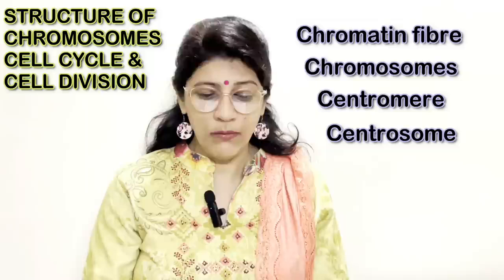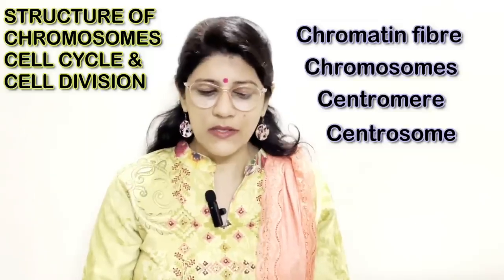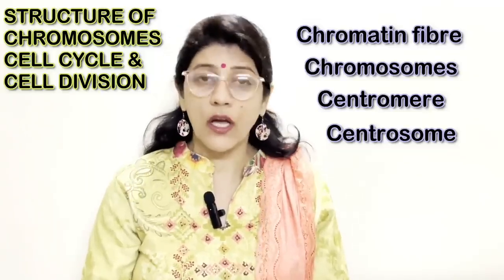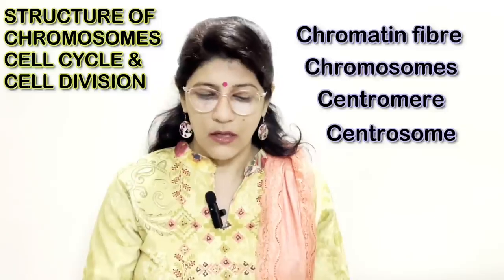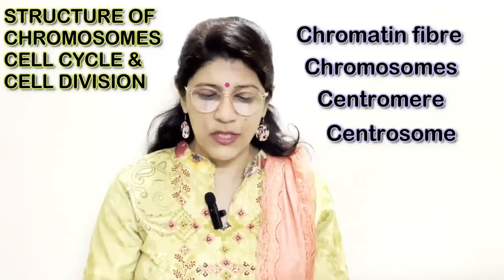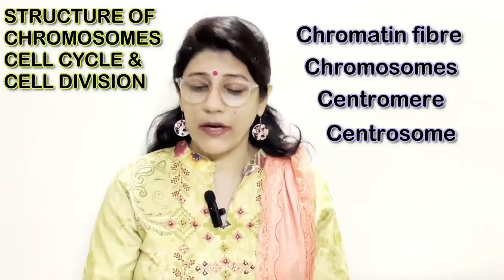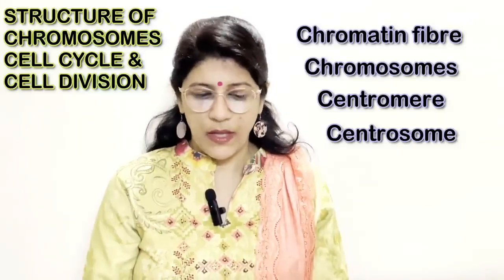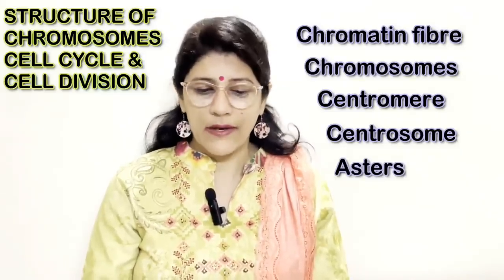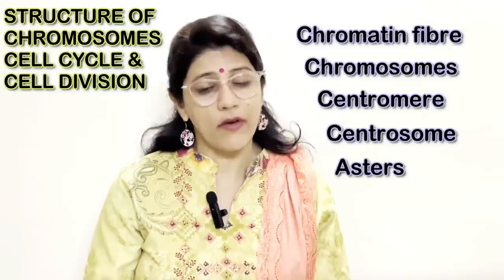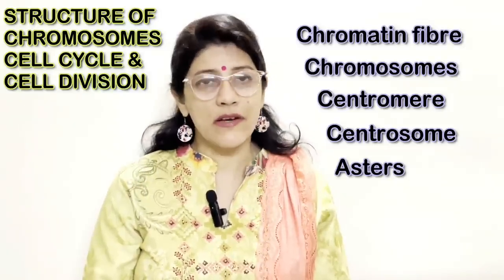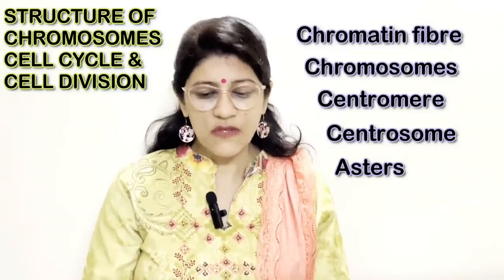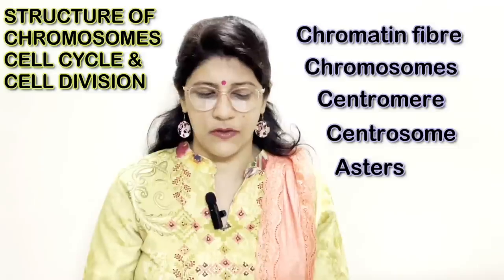Next is centrosome, a region surrounding the centrioles located near the nucleus of an animal cell. This is the location, and function is it initiates and regulates cell division. Next is asters. Asters location is radiating rays surrounding the centriole, and function is forms the spindle fibers.